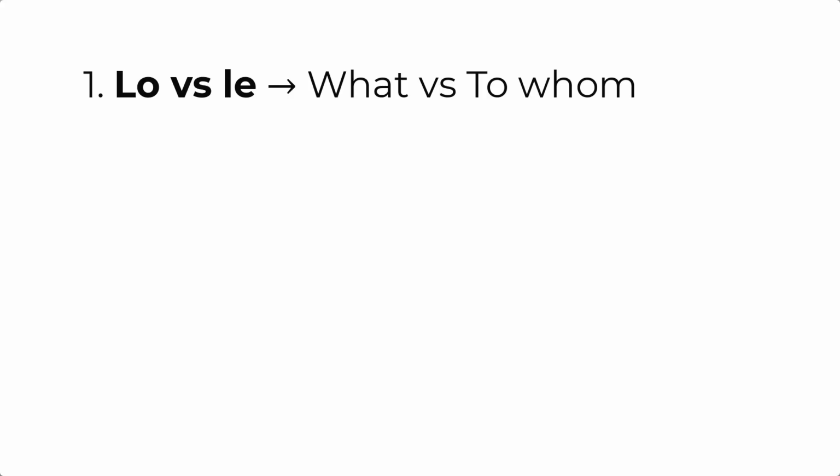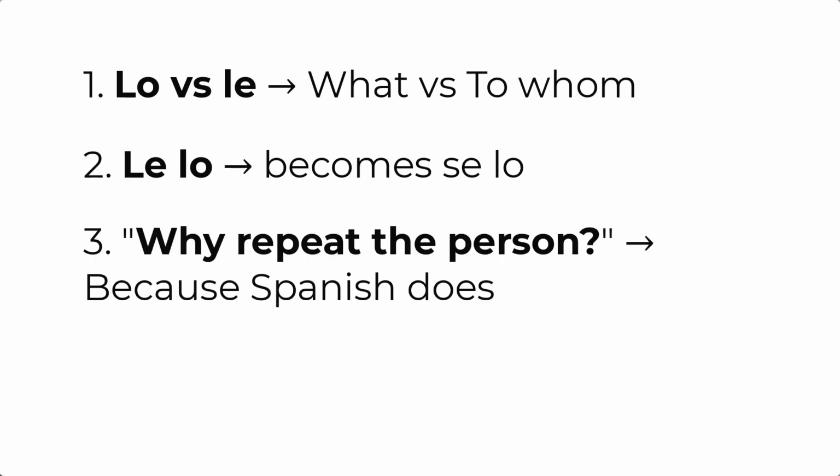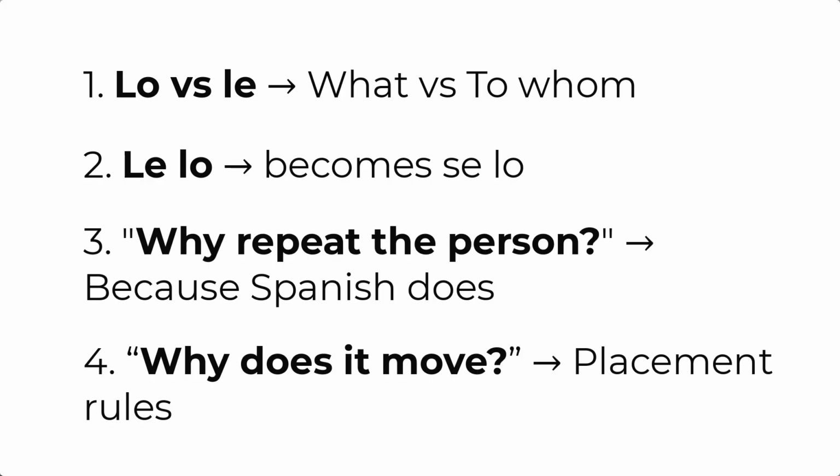That's it. Okay, so to recap, the 4 big confusions. Lo versus le is the what versus to whom. Le lo becomes se lo. Why repeat the person? Because Spanish does. And why does it move? Well, that's just down to the placement rules. So have you noticed something? None of this is random.